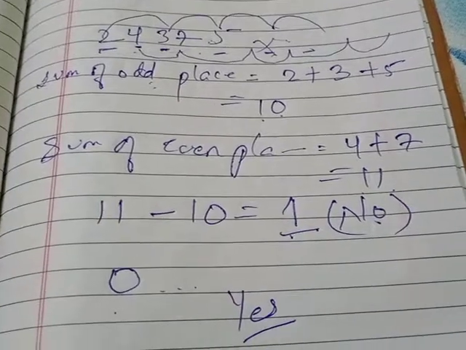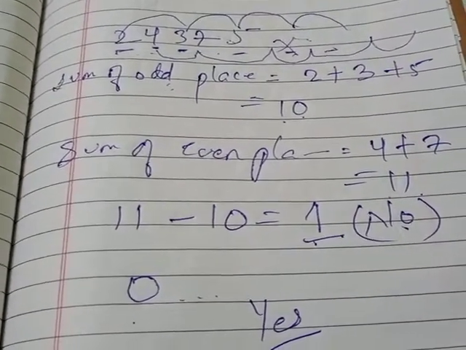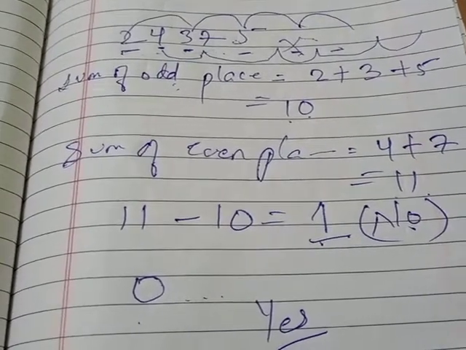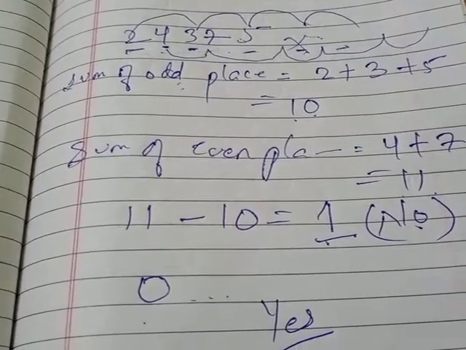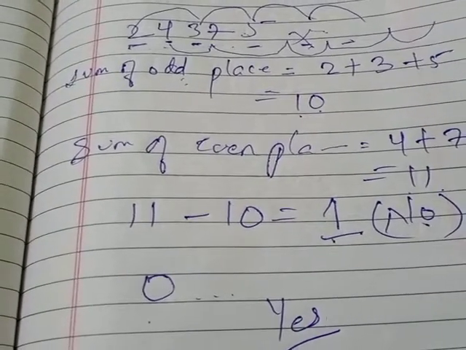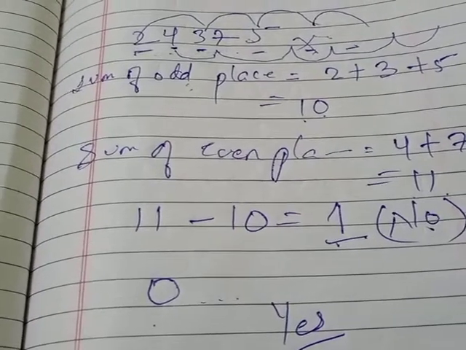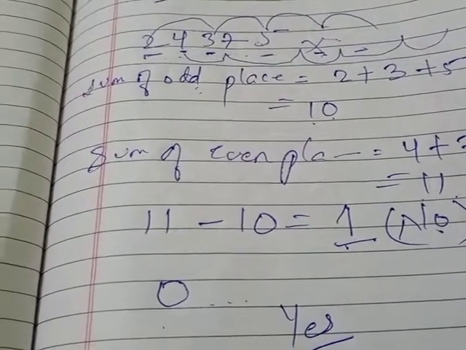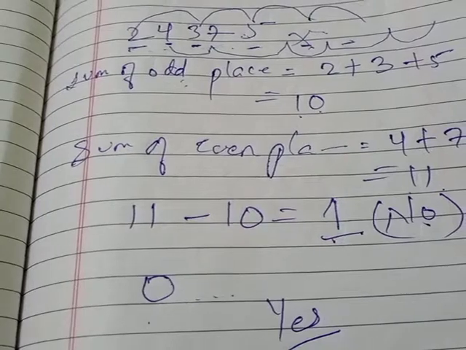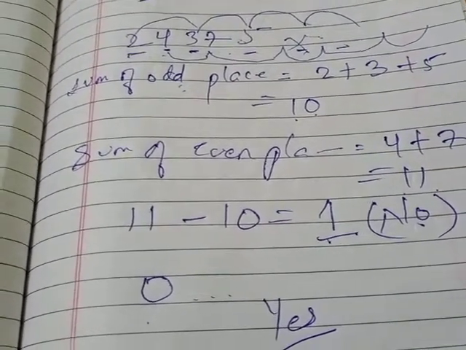I hope my point is clear to you. For any number, to say 11 is its factor, first of all, we take the sum of odd places. What are odd places? First, third, fifth, seventh, ninth, 11th, all these places are known as odd places. Then what are even places? Second, fourth, all these places are even places.